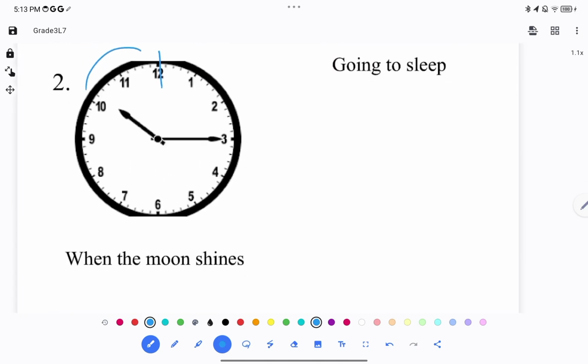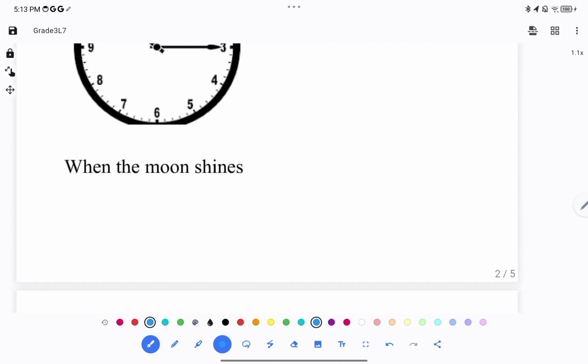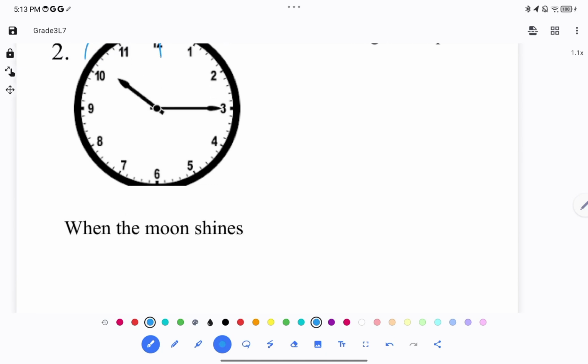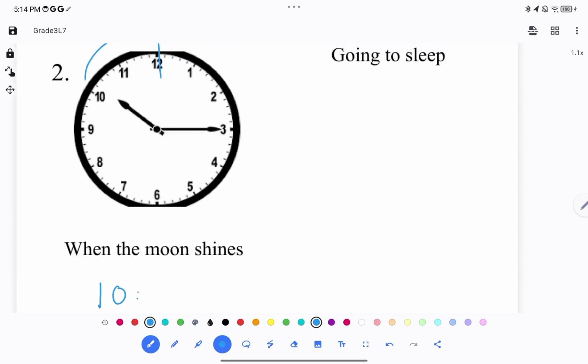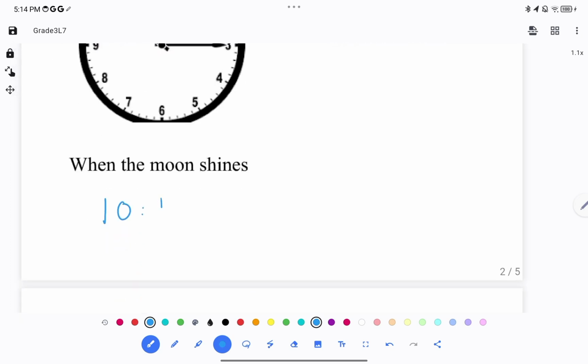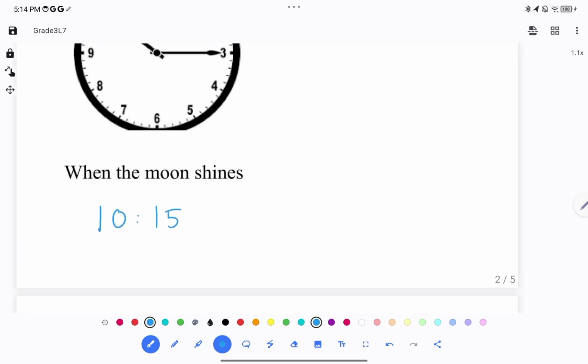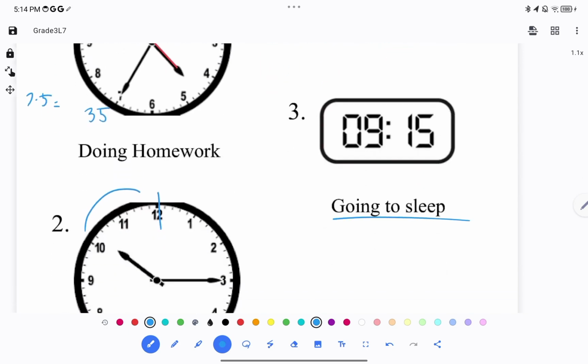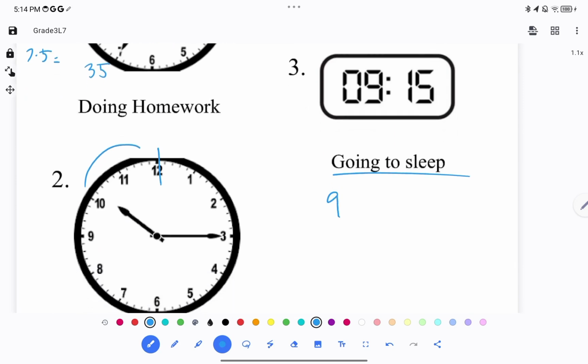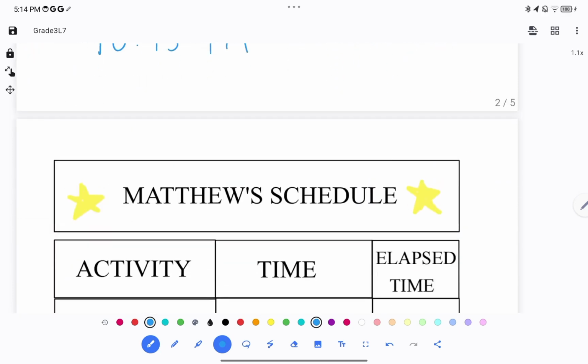The hour hand is between 10 and 11, so it's 10, and the minute hand is pointing at 3, which is 3 times 5, 15. So it's 10:15 p.m. And this digital clock is much easier to read. Going to sleep is usually at night, so 9:15 p.m.